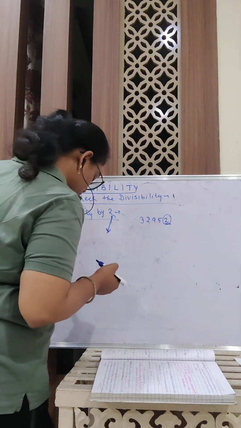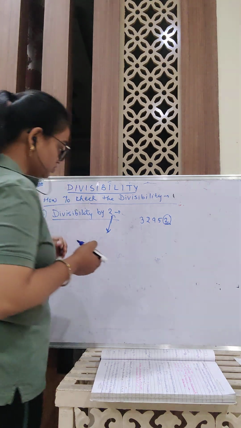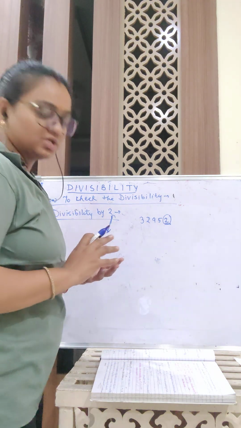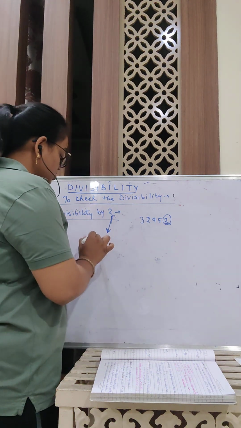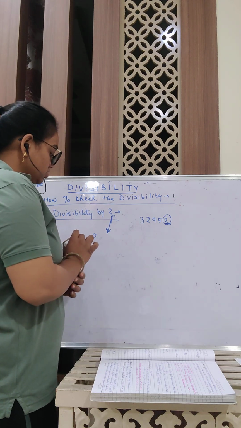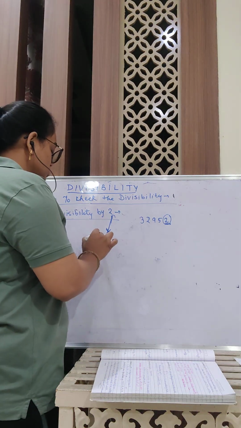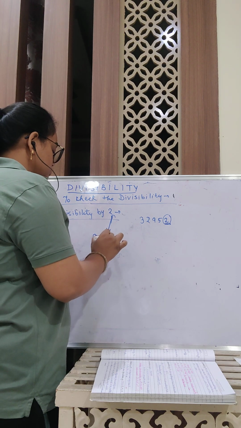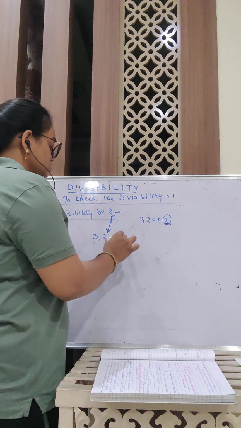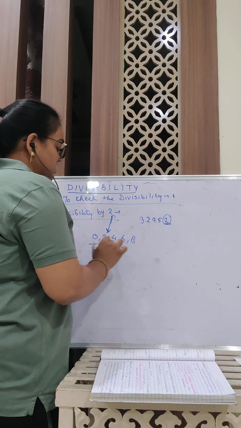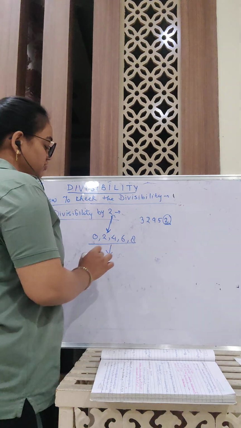That is, what is the divisibility by 2? 2 is basically an even number, and it will divide any number which contains 0, 2, 4, 6, 8, that is, even digits at the unit place.